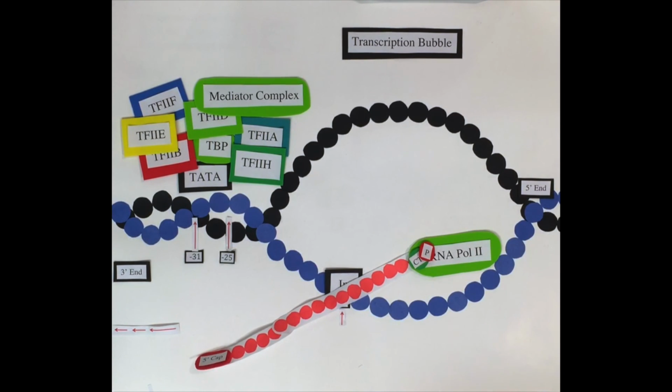There are transcription factors that regulate elongation, such as positive transcription elongation factor B, which promotes transcription, and negative elongation factors DSIF and NELF, which block elongation.